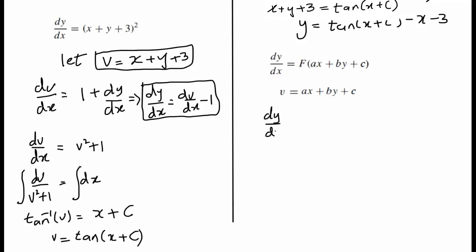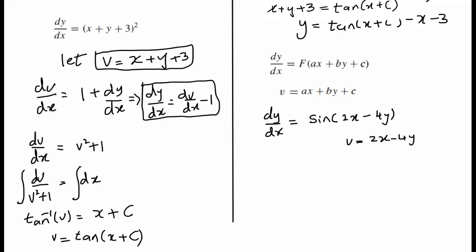Here's one example: dy/dx equals sine of 2x minus 4y. In this case, the substitution v equals 2x minus 4y should work.